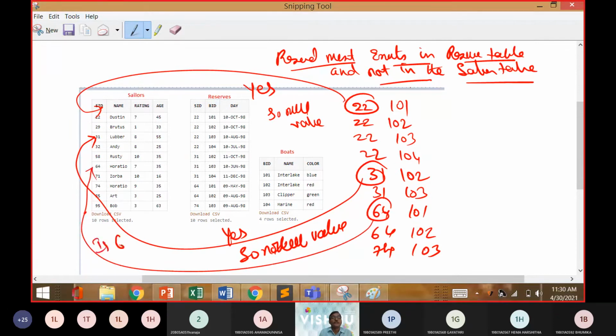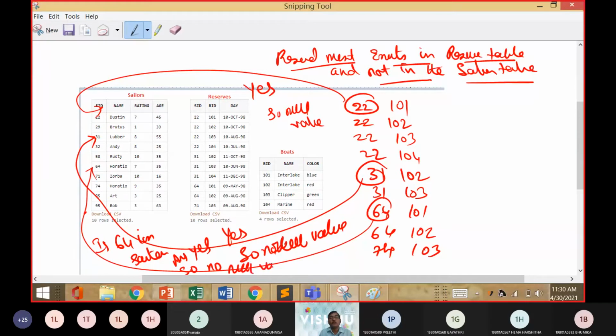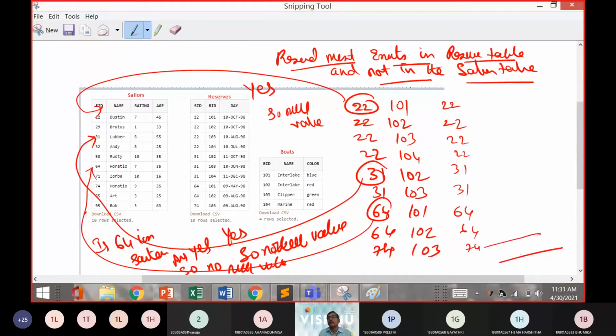Is 64 in Sailors? Answer yes. So, no null value. So what will we be getting? We will be getting the same things, right? 22, 22, 22, 22, 31, 31, 64, 64, 74. So we will be getting 10 records.